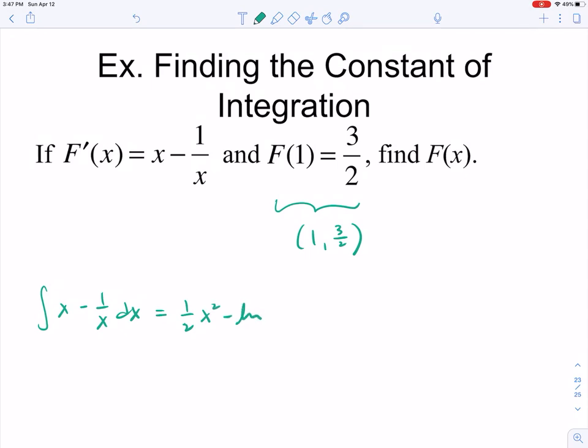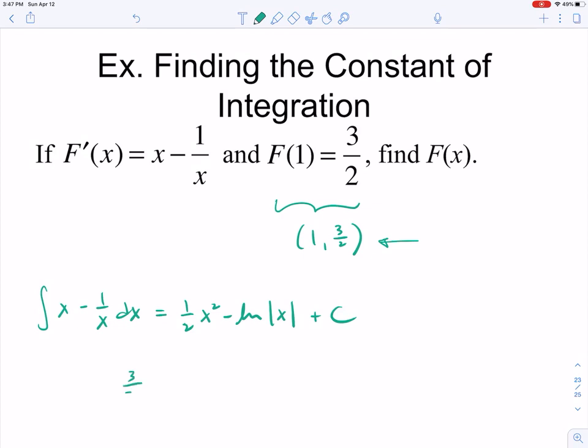Okay, so when we integrate x minus 1 over x, that's 1/2 x squared minus natural log of absolute value of x plus c. This is going to represent capital F of x, but we want to find the specific antiderivative that capital F of x is, meaning we want to find the specific antiderivative that passes through this point.